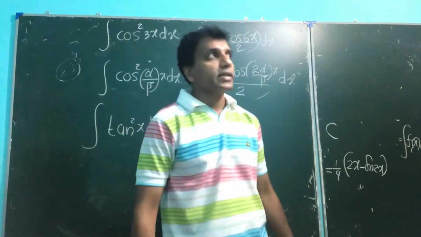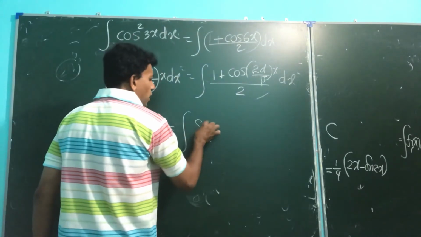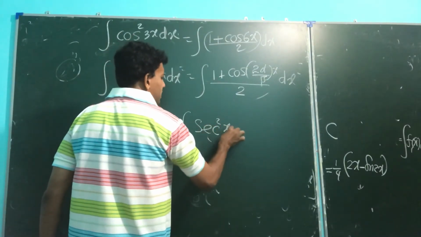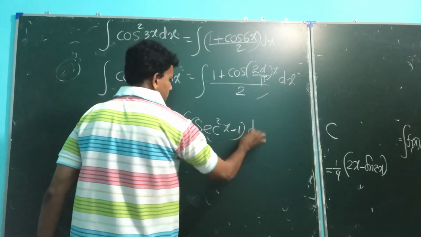Therefore, tan square theta is sec square x minus 1, into dx.